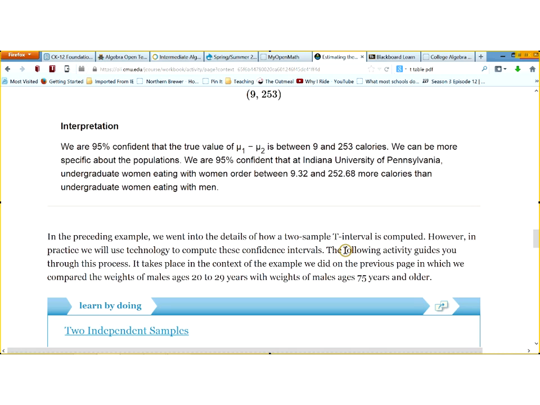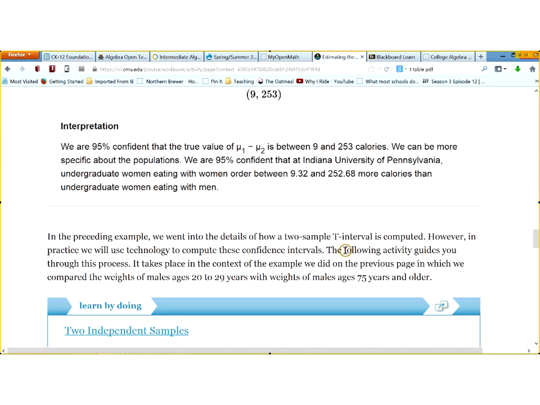It says we are 95% confident that at Indiana University of Pennsylvania, undergraduate women eating with women order between 9.32 and 252.68 more calories than undergraduate women eating with men. And actually, they should talk about an average. There's also a weakness with that statement in that they don't mention the average number of calories.